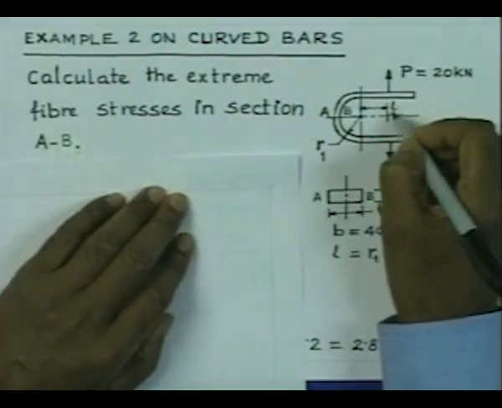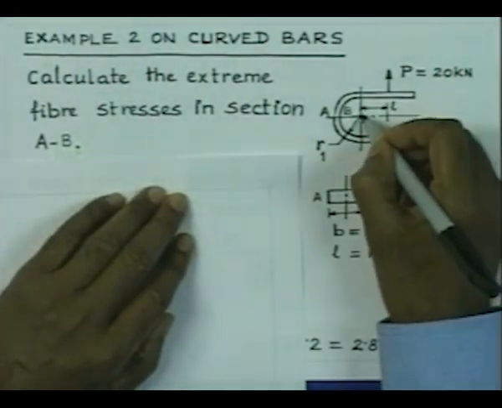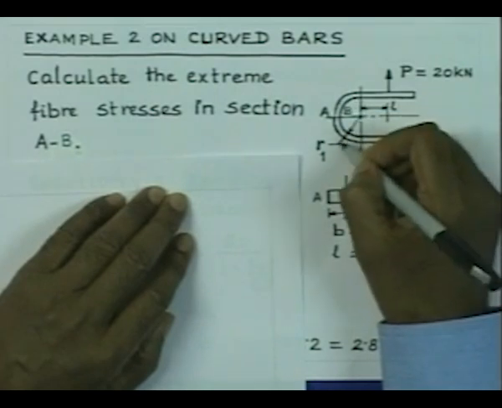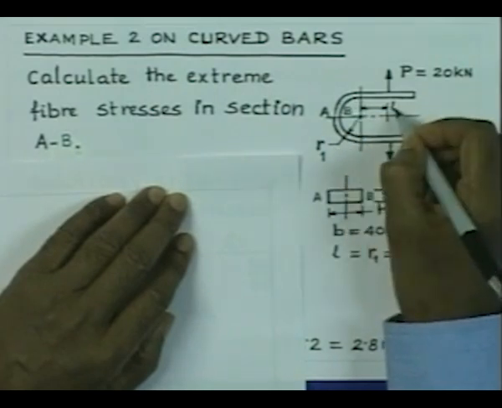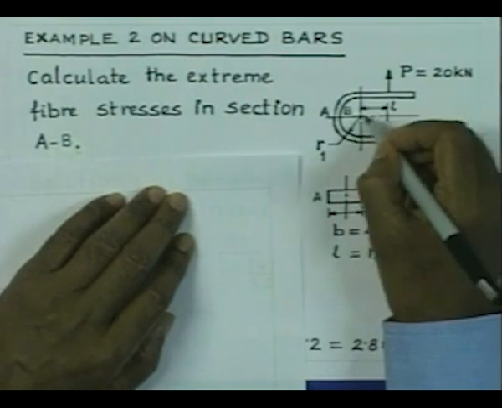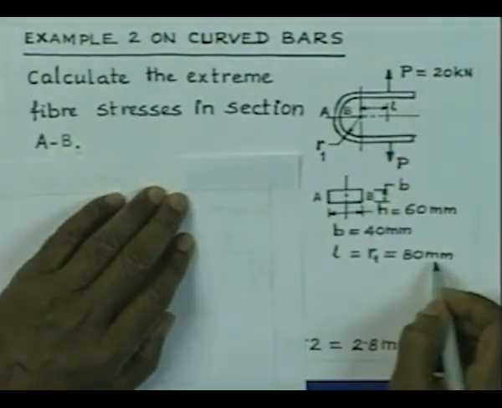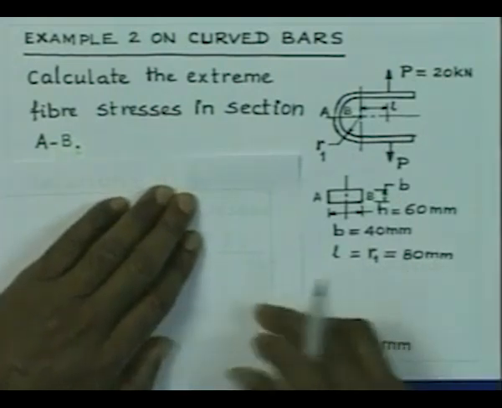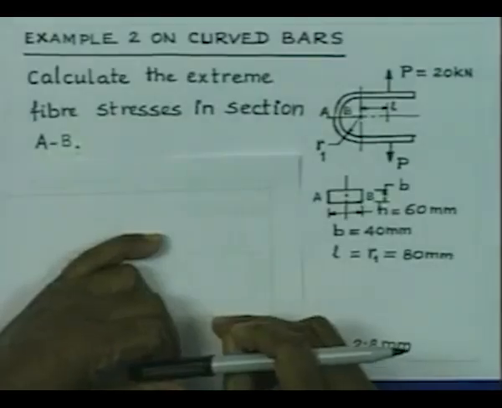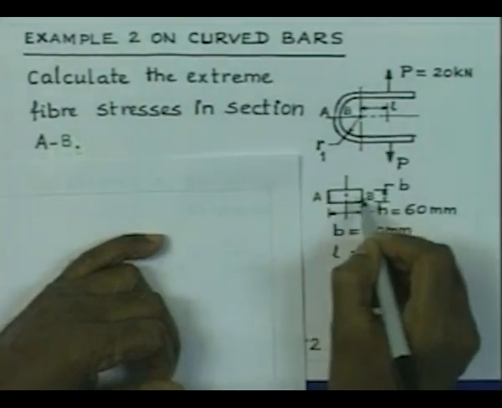The frame is loaded like this. The center of curvature of this segment is R1 and the distance L is given as 80 millimeter. What is needed is to calculate the extreme fiber stresses in the cross section. So, therefore, you have a U frame which is loaded at some distance from the center of curvature of the portion which is curved, and you have to find out the stresses at points A and B.